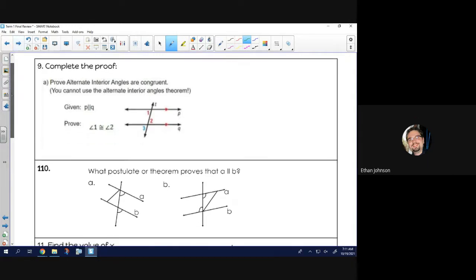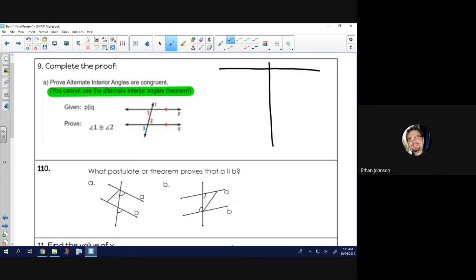Now, just like the vertical angles proof, we cannot use the alternate interior angles theorem. We cannot use alternate interior angles in its own proof. So, let's start off like we normally do with our given.